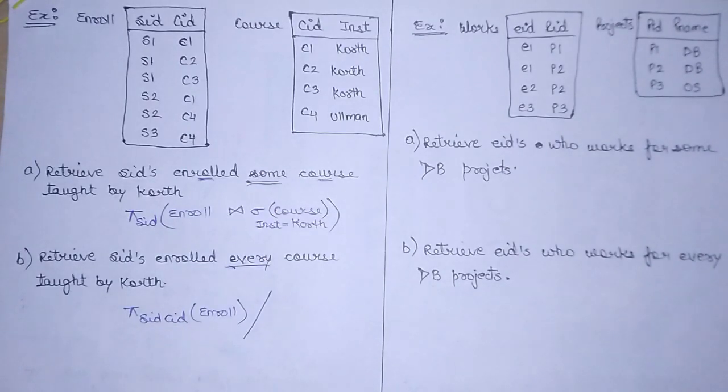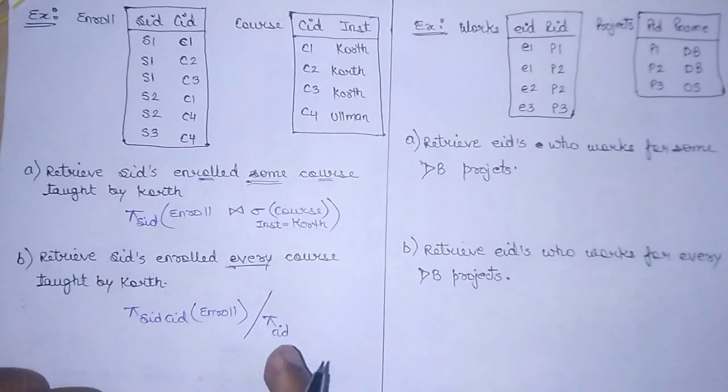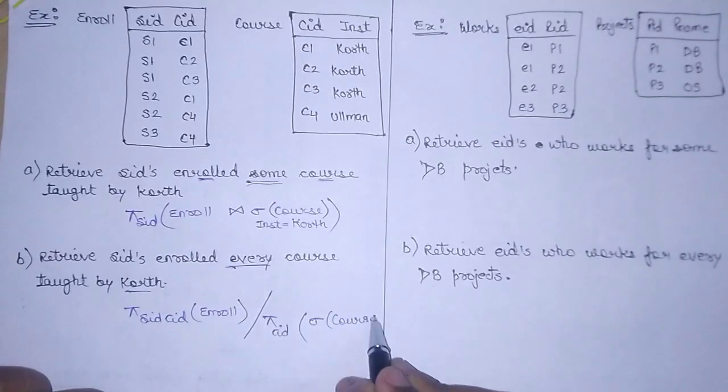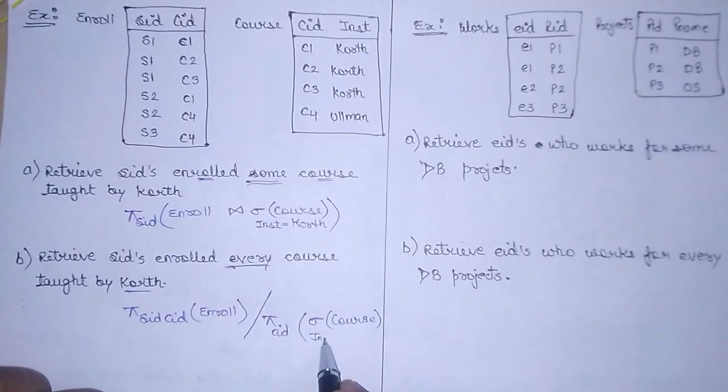So in denominator we have to divide by this CID, where now see here it is a condition of instructor, it has to be course. So we will be taking only those records from this particular course table where the instructor is equals to course.